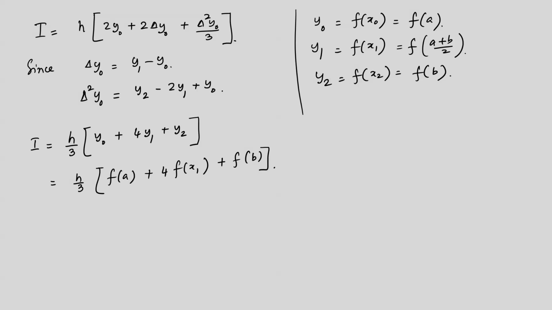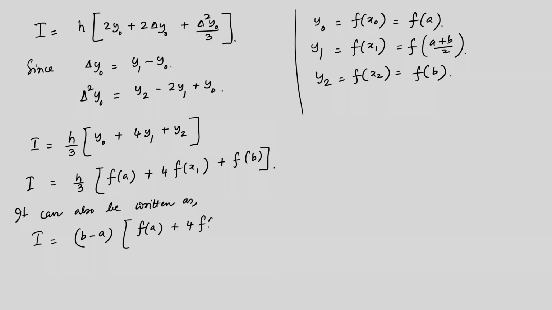So, this can also be written as I equal to b minus a times f of a plus 4 f of x 1 plus f of b, divided by 6. Okay.